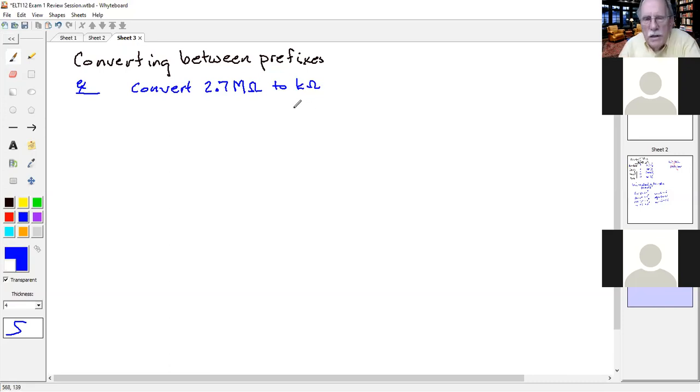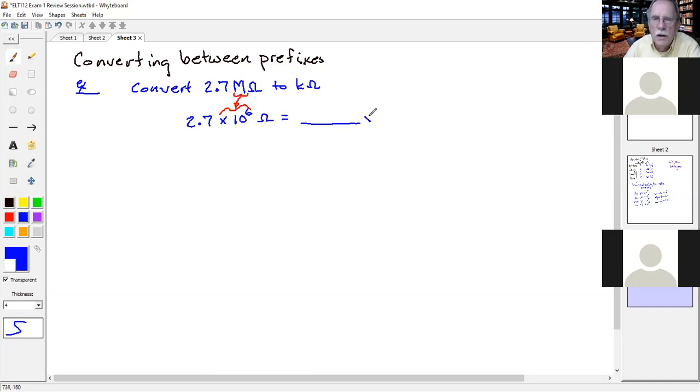We said that the process we were going to use was, the first step, we get rid of the prefixes and write the powers of 10. So we have 2.7 megas times 10 to the 6th ohms. So what we've done is we've gotten rid of this and replaced it with that. And we want to convert that to some number of k ohms.